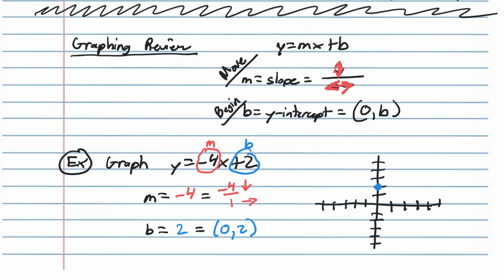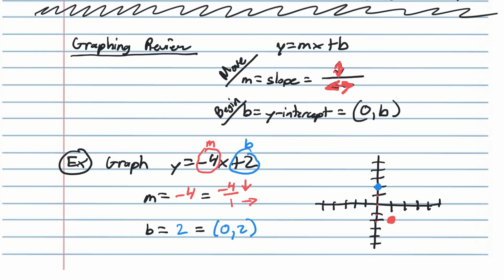So from that blue dot that I first drew, I'm going to count down 4 spaces and then right 1 space. Okay, so down 4. So 1, 2, 3, 4, and then right 1. So there's my second coordinate. And that's all I need. Okay. And remember, there was a couple of tricks. Let's say you're doing your m value and it doesn't fit on the graph, right? So if going down 4 and right 1 is an issue, remember, you are allowed to do the exact opposite.